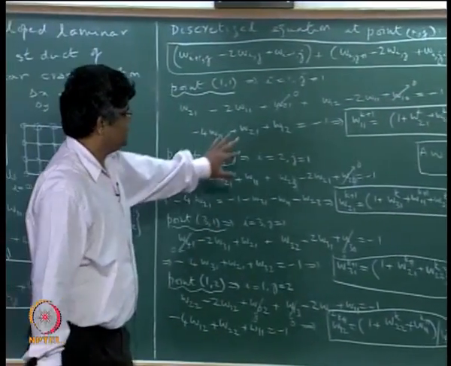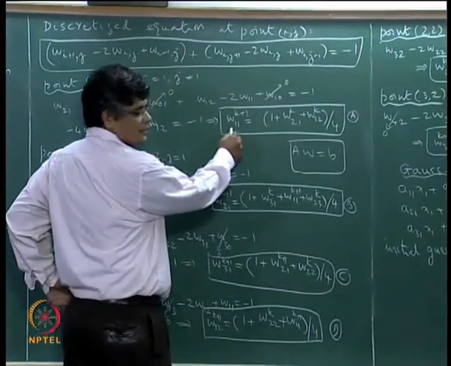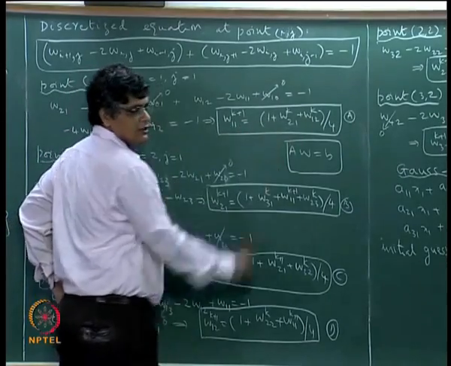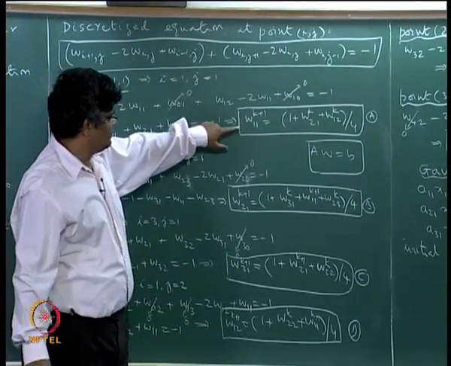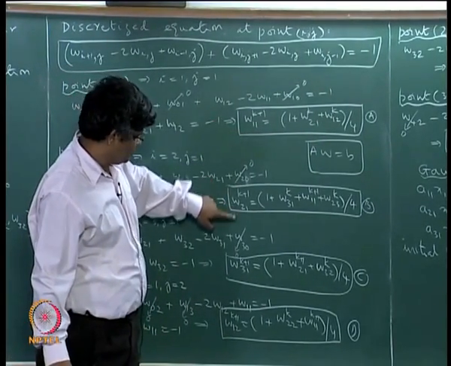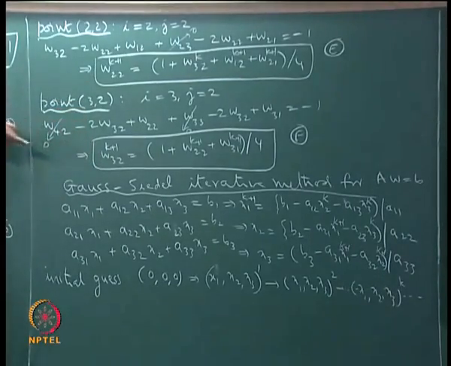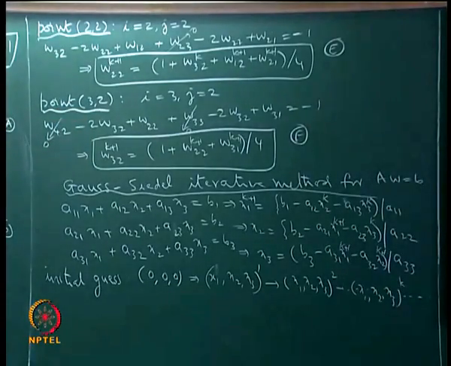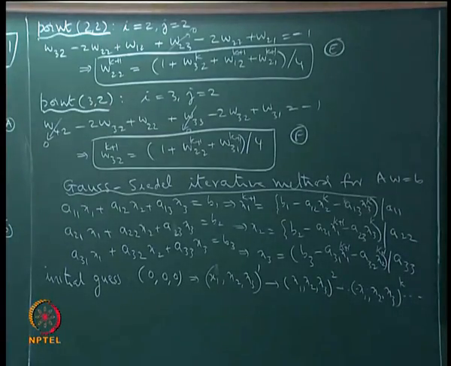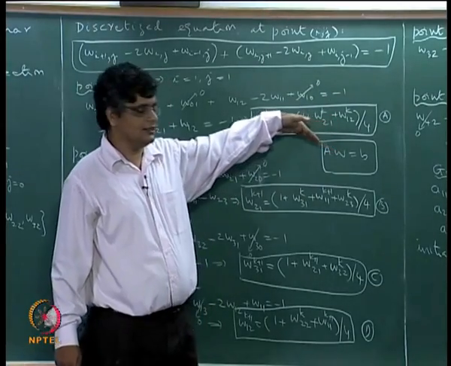Okay, so we have here the formula for evaluating W11, W21, W31, W12, W22 and W32 from known values of the same variables at the previous iteration.